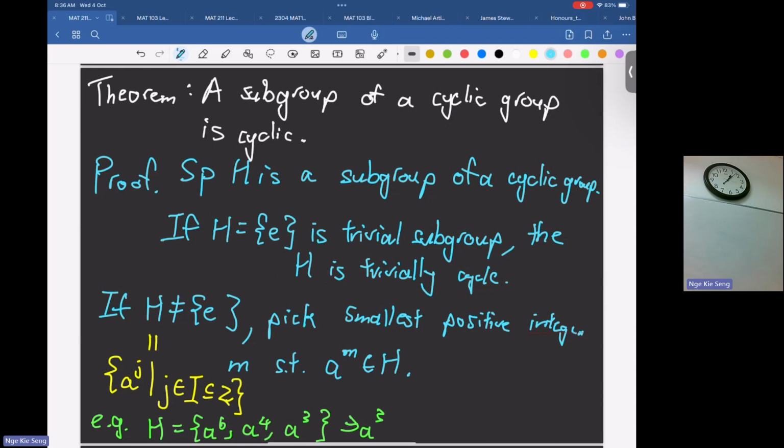My approach here is I pick the smallest positive integer such that AM is in H. I say that this guy will generate the subgroup.